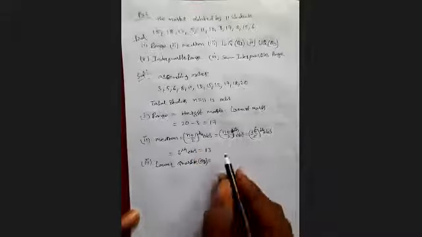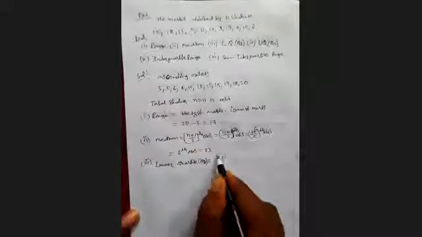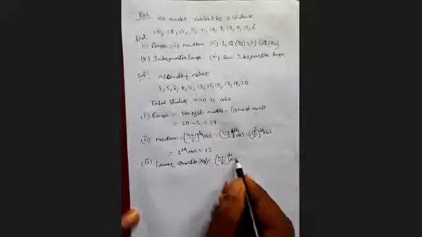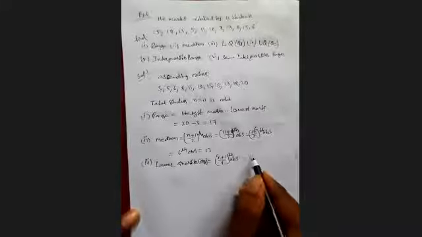Here n is clearly odd, so the formula is the (n plus 1) by 4 th observation. Now n is 11, so (11 plus 1) by 4 is 12 by 4, which is the 3rd observation. The third observation is 6. So Q1 is equal to 6.